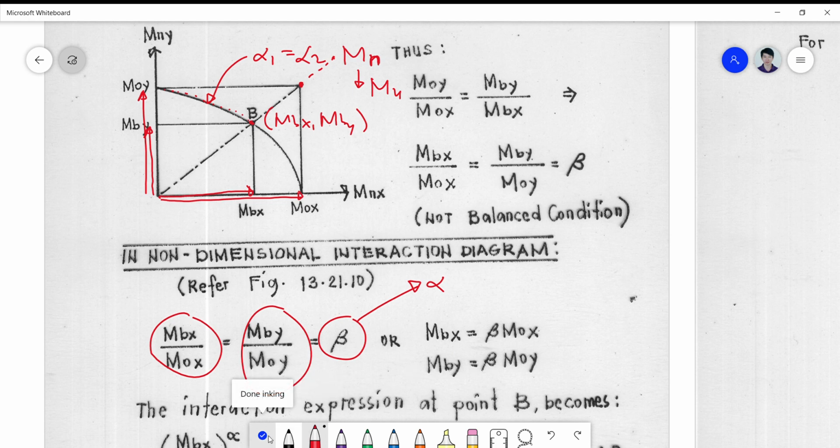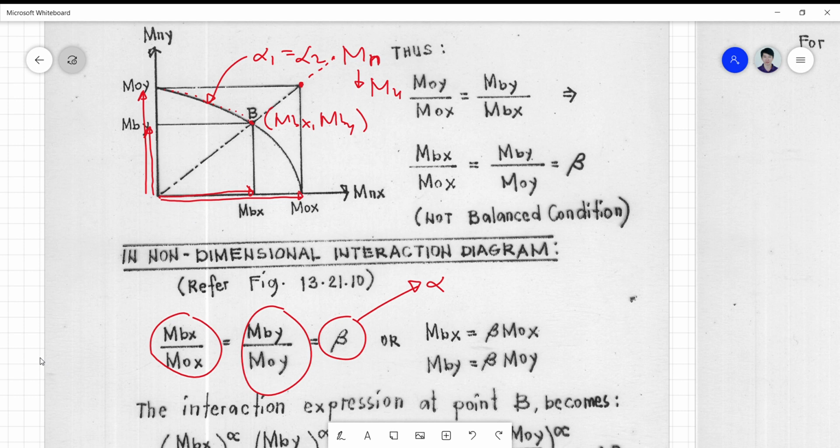So, mas applicable siya sa design, di ba? The key to finding the point B will give you the key to finding beta and subsequently your alpha. So alpha is not a direct assumption.